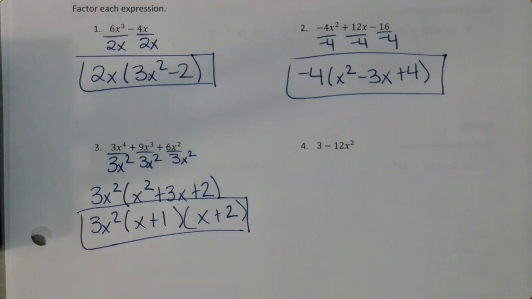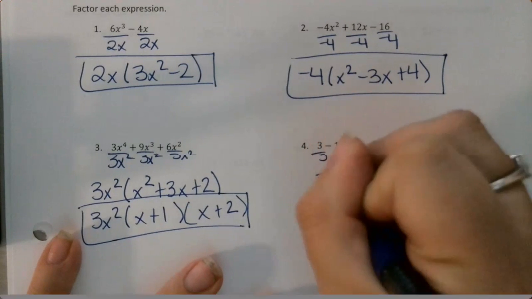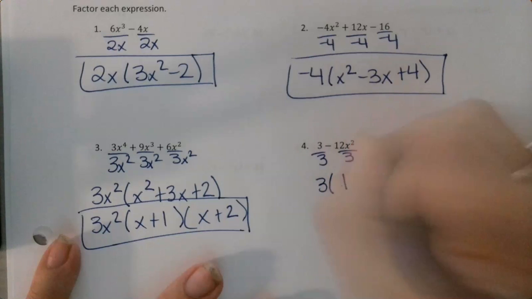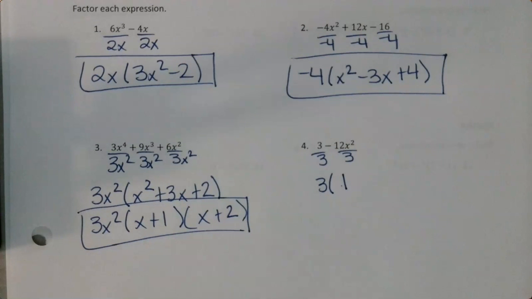Okay, so on number 4, what can I take out of both of those? So it gives me 3 divided by 3 is 1, and negative 12x squared.